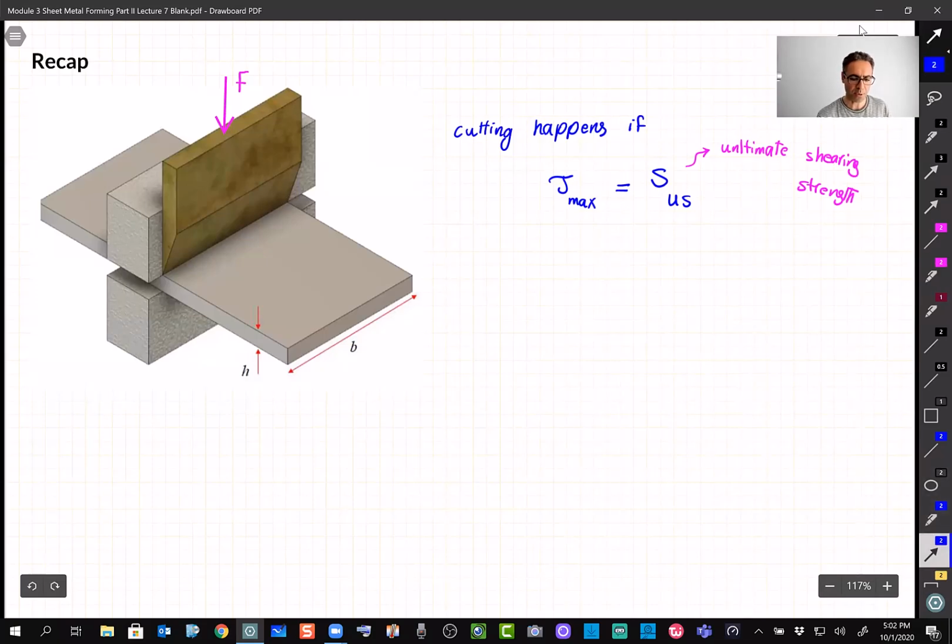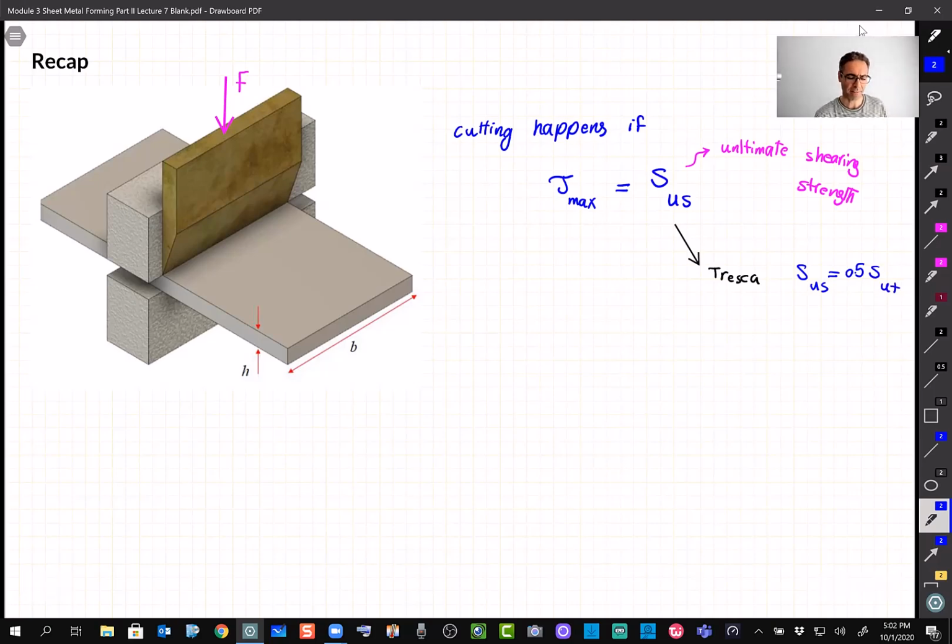For example, we used Tresca, if you recall, or let's just call it the Tresca criterion. And I need to work on my handwriting. And we said this SUS is equal to half of SUT, which is the ultimate tensile strength.